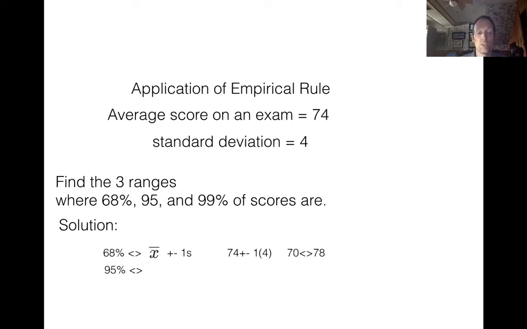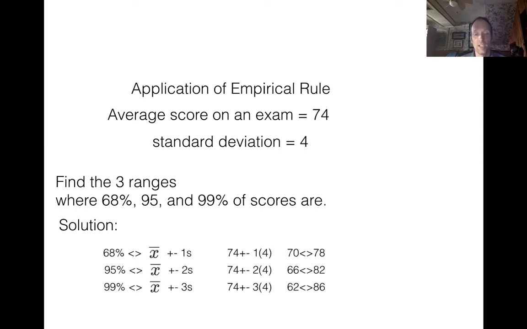For 95%, instead of 1 standard deviation, we're going to switch it to 2 standard deviations. And that's going to tell us 95% of the students that took that test scored between 66 and an 82. Now last, 99% of the students, so almost everybody that took that test, scored between a 62 and an 86.